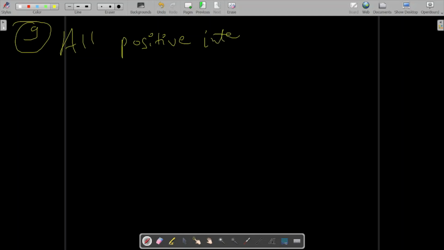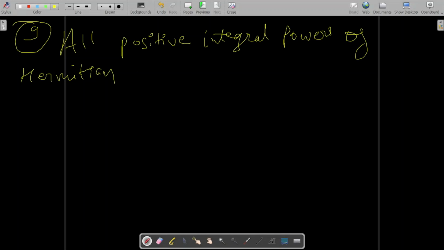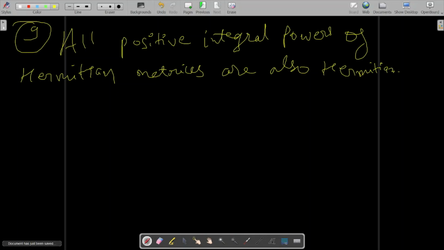Ninth property: all positive integral powers of Hermitian matrices are also Hermitian. What does this mean?